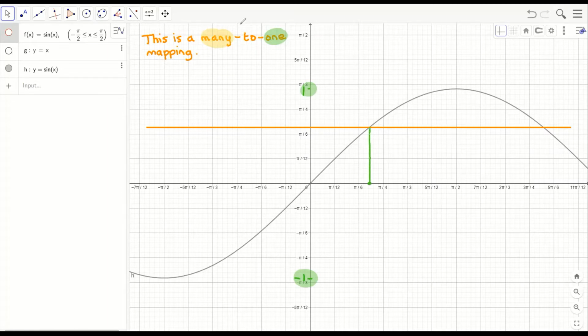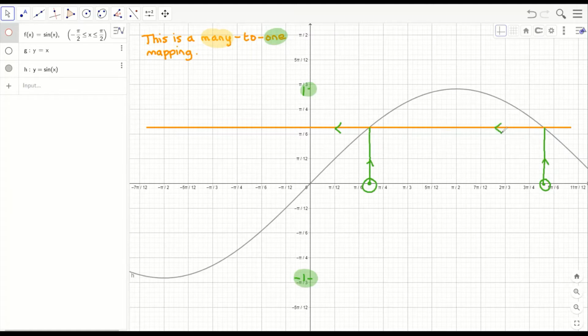So if my unique value is here where my dot is, and I read off, I get a value just somewhere above pi over 6. Okay, so that means that that particular value that I've just chosen has a particular value in the range, which is good. Now, if I chose the value over here, somewhere between 3 pi over 4 and 5 pi over 6, that would have the same value in the range.